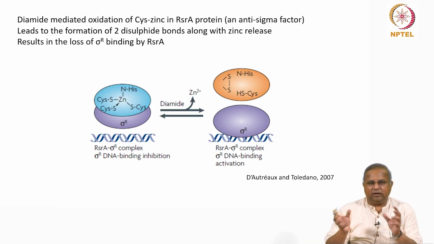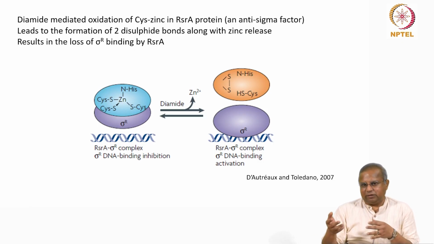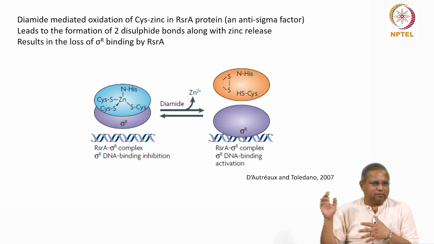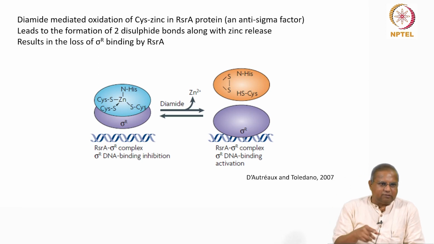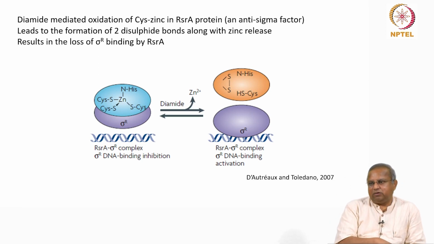Okay. So, slight differences in themes, that's all. The principle is just the same: reaction, oxidation, conformational change, and whatever happens as a part of that. And of course, it's usually a cyclic thing, so you get back the original reduced form by some mechanism.